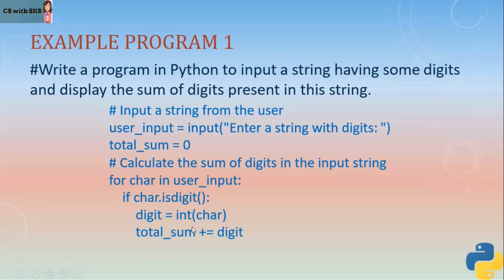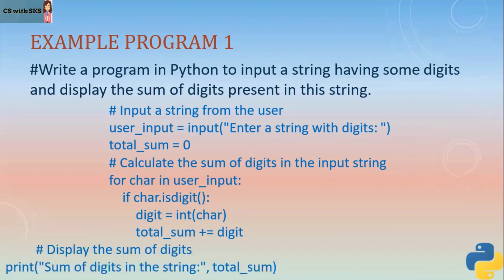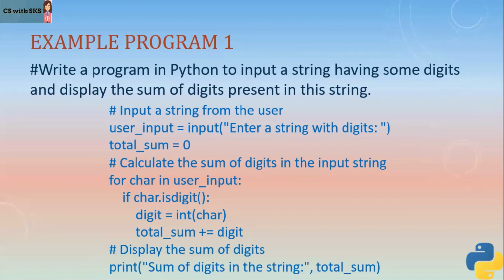Here I'm using an augmented operator. I have explained augmented operators in my day 3 video on operators, so you can revisit your concepts by going through the day 3 video. So this will display the sum of all the digits which are available in the string. You can just simply use a print statement and display the sum of the digits.